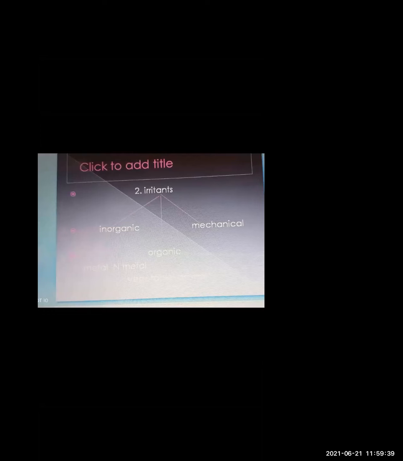Now in inorganic also, two types are there, that is metallic inorganic poison and non-metallic inorganic poison. In metallic poison, many metals like arsenic, lead, mercury, and copper act as poison in this group.